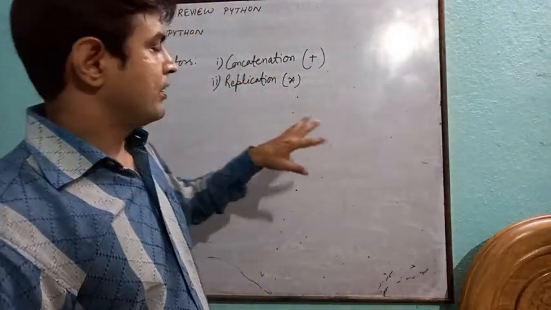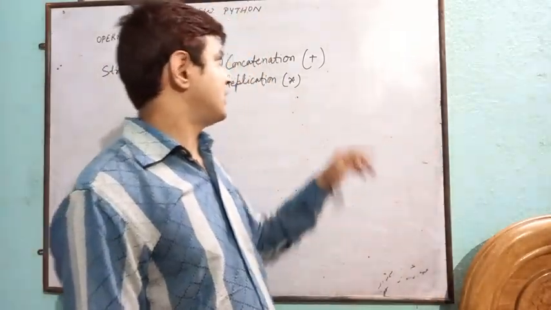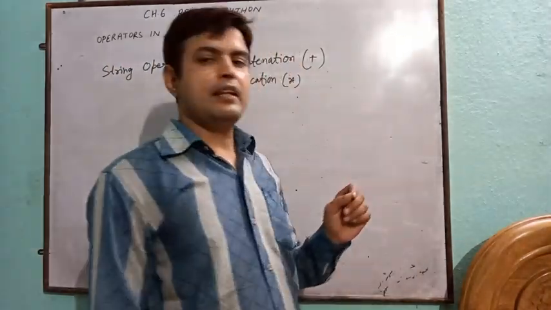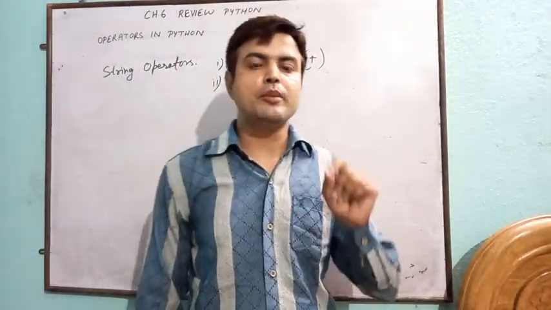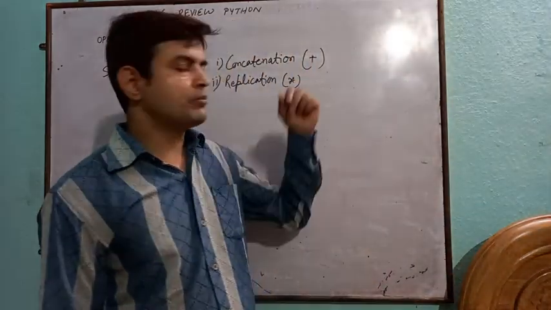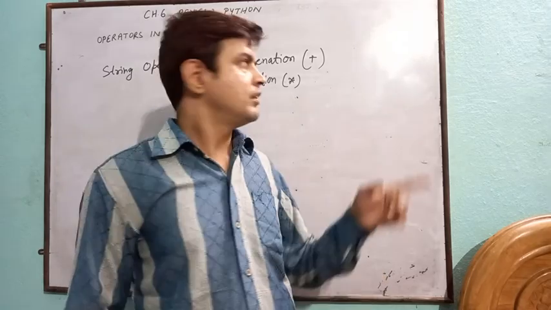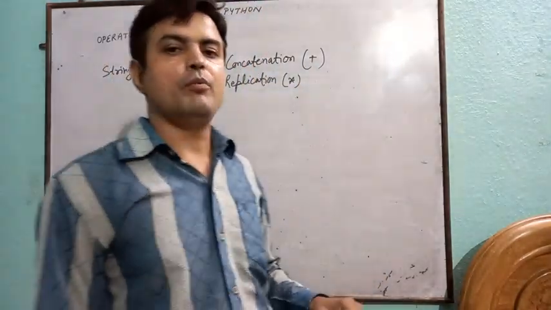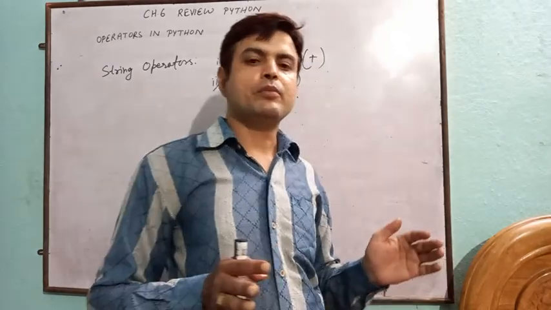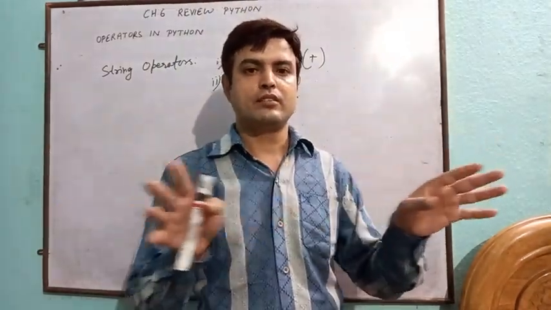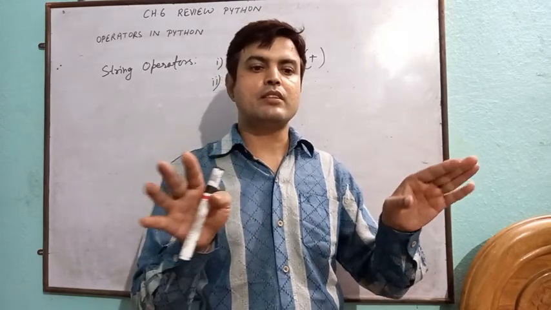Don't get confused that plus is an addition operator. Plus is the addition operator if we are using it with numbers, but if we are using plus with string values, then it is termed the concatenation operator. Concatenation means to join.